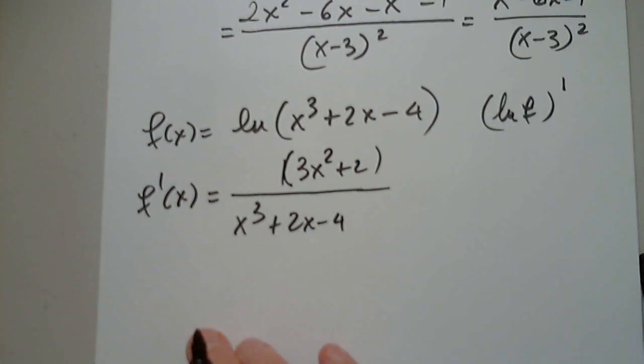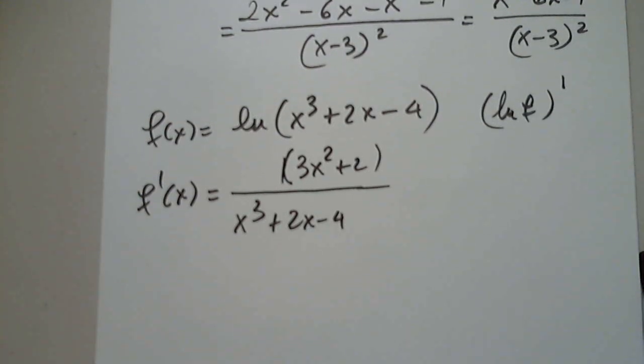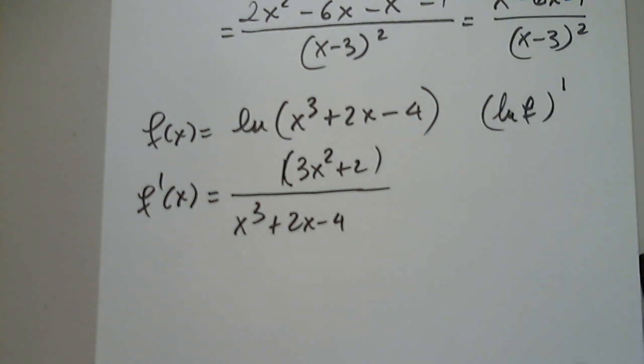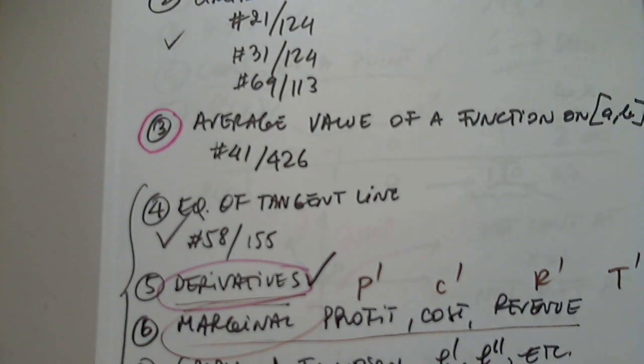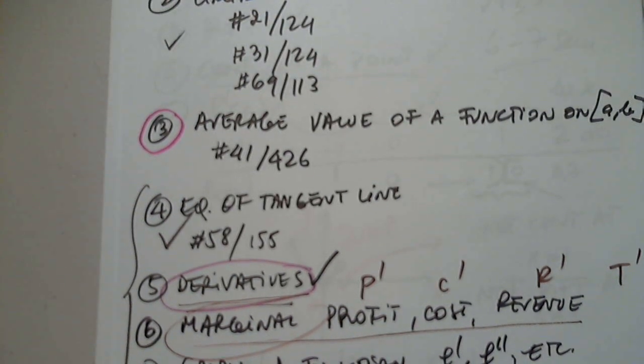I cannot think of anything else. I think we reviewed most of it, and yeah, I think we're okay. Good. So marginal profit, graphing of a function, marginal profit, cost, revenue, or any function.